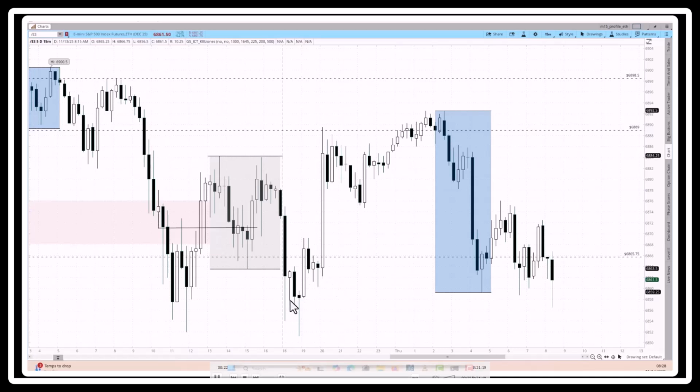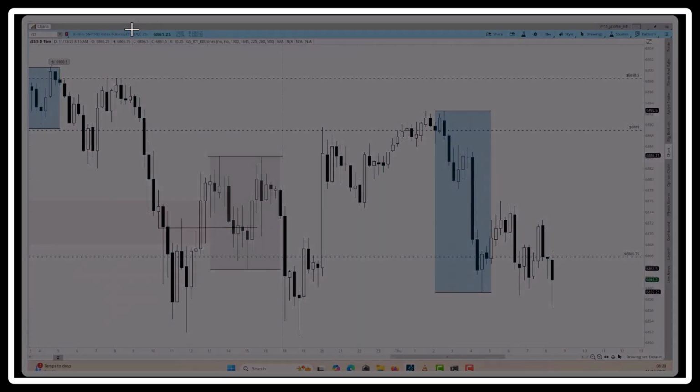So maybe mark down this candle right there. That is one of the key levels. See that? That's a level.